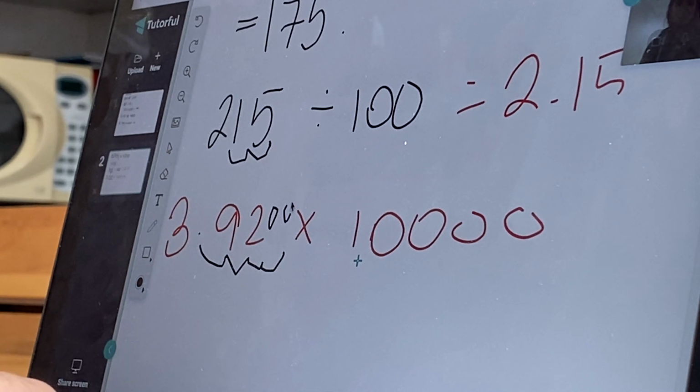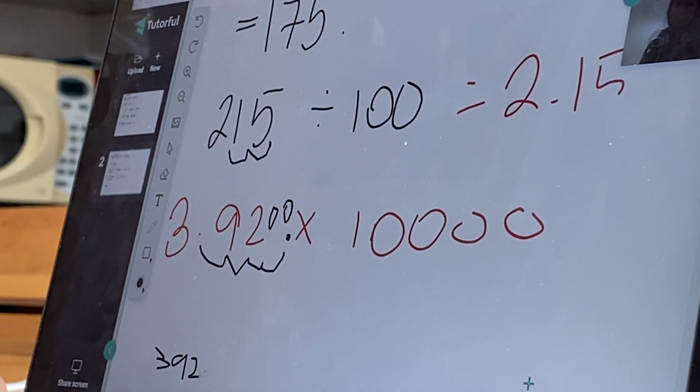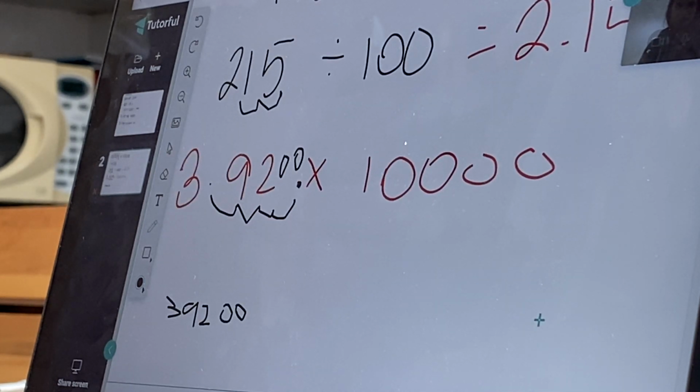You need to add 2 zeros, and then the decimal. If you write the whole number underneath, it's going to be 39,200. Perfect, exactly correct.